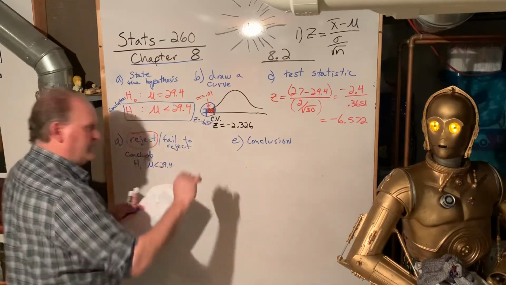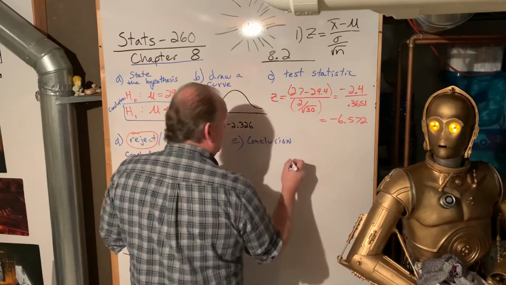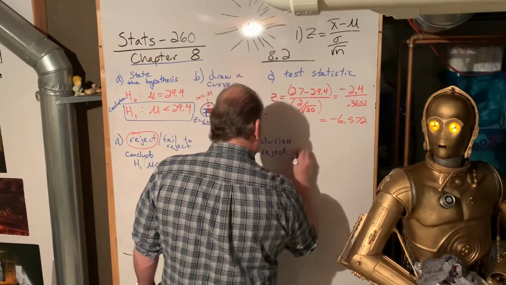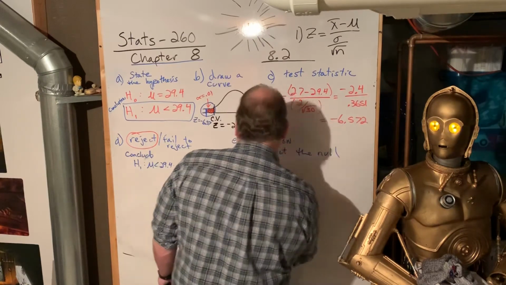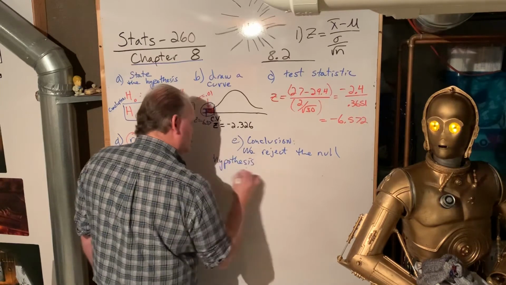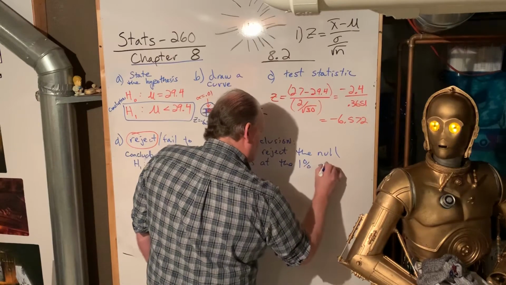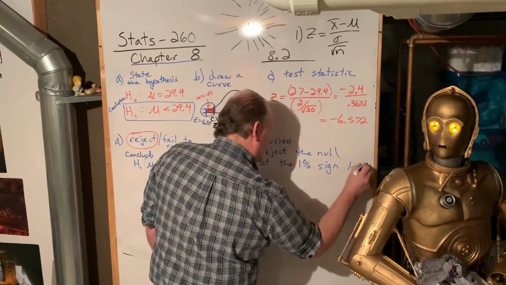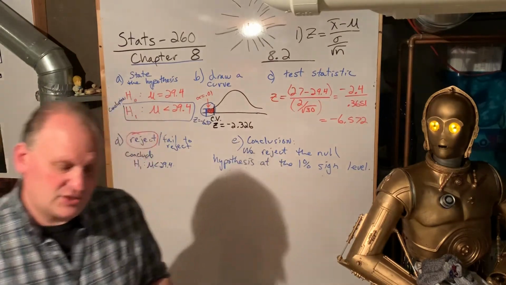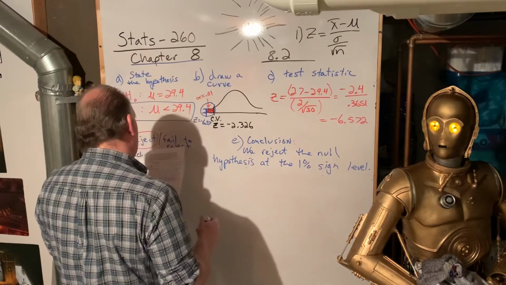So what does that look like in words? Our conclusion is we reject the null hypothesis at a 1% level, and we conclude that an average college student watches less than 29.4 hours of TV in a week.